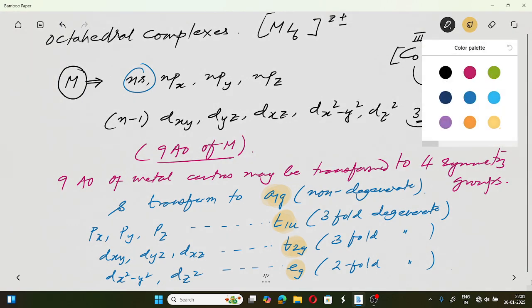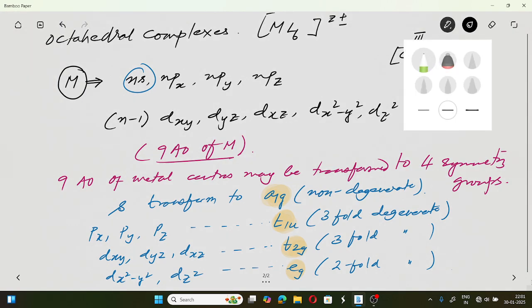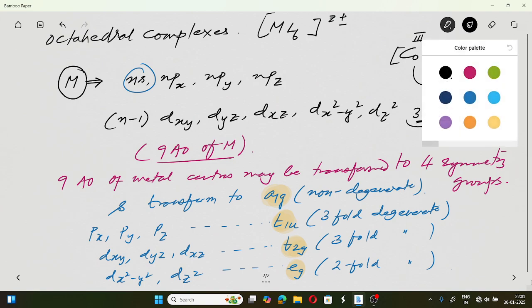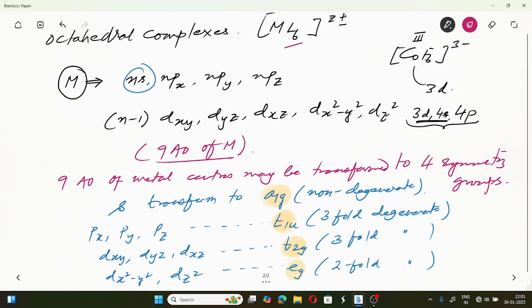See, in molecular orbital theory, just if you can recollect what has to be done. If there are more than one atom, say an AB2 molecule, where this is the central atom and these are the terminal atoms, then what has to be done?